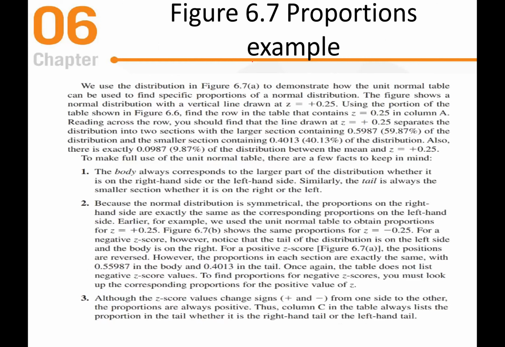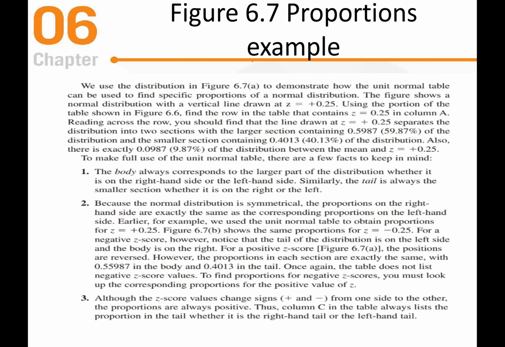So just some information about this, so we're all on the same page. We use the distribution to demonstrate how the unit normal table can be used to find specific proportions of a normal distribution. The figure shows a normal distribution with a vertical line drawn at a z-score of positive 0.25.